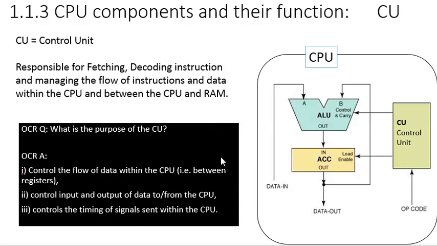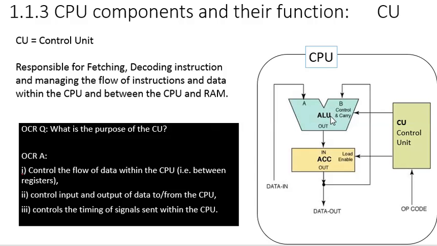Point number three, controls the timing signal sent within the CPU itself. All the operations within the CPU are orchestrated by a clock. To give an example of how that would work, on one little clock tick, the input A and the output from the accumulator would be gated into the ALU.